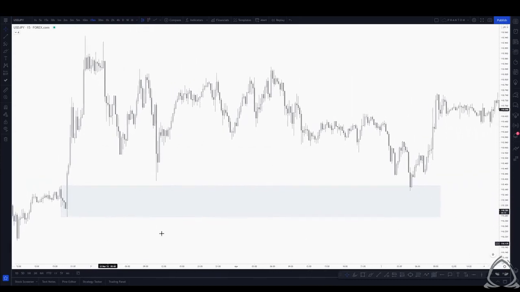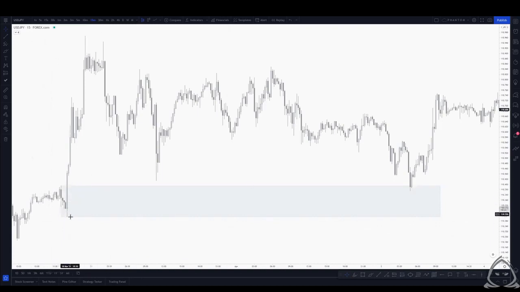If we wanted to refine that to just one candle where the momentum of that move really arrived, we could actually move it to this bearish candle before this large expansion to the upside that broke this range. And we'd be able to mark that as our demand zone.